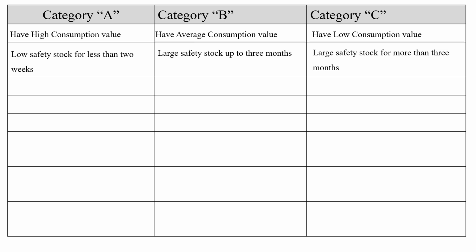For category A, we maintain a low safety stock of less than 2 weeks, since it requires frequent orders in very small numbers. But in category B, a large safety stock up to 3 months. Similarly, category C has a large safety stock of more than 3 months.